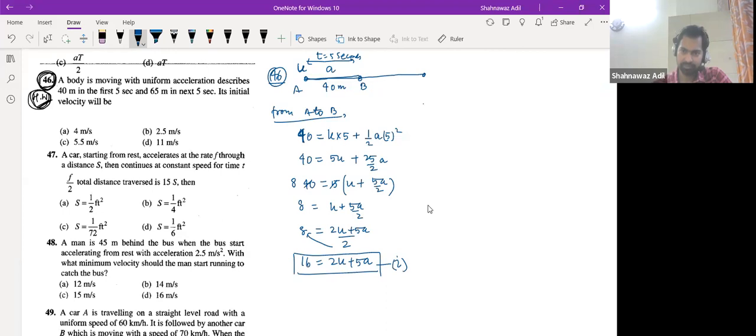Now, using the same initial velocity and acceleration, because we know that the object is moving with uniform acceleration. So throughout this journey from B to C, what is the acceleration? From B to C, what is the acceleration if acceleration is uniform?